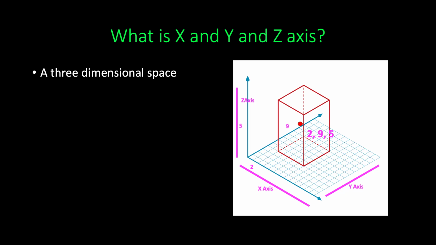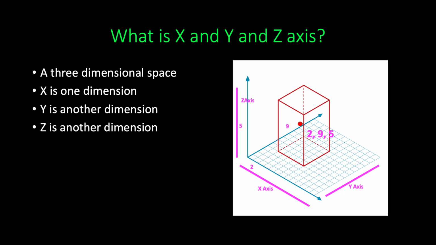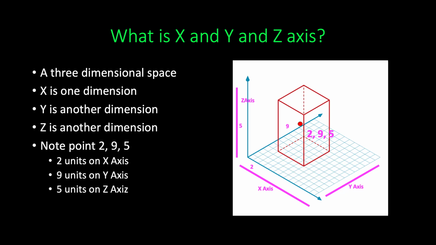Let's recap what we are doing here. We just talked about some basic high school geometry, and now we are talking about three-dimensional spaces. You should have a good idea what the x-axis, the y-axis, and the z-axis are. Here, if you notice the point 2, 9, 5, it's 2 units on the x-axis, 9 units on the y-axis, and 5 units on the z-axis. Let me grab my line again and show you.